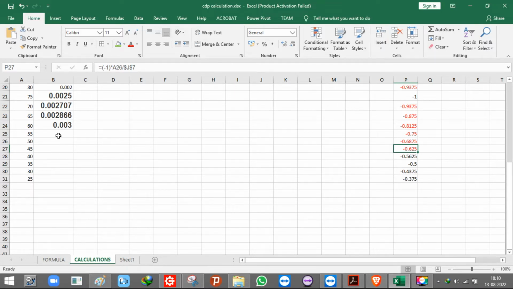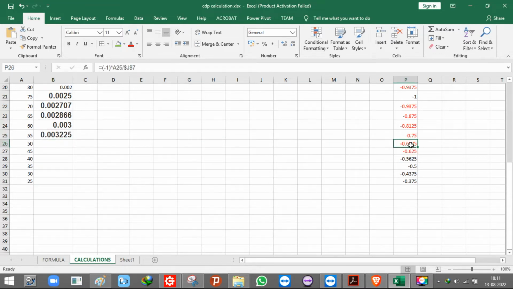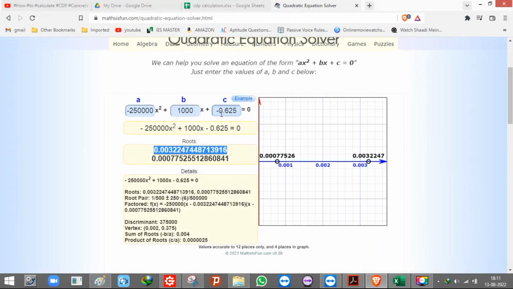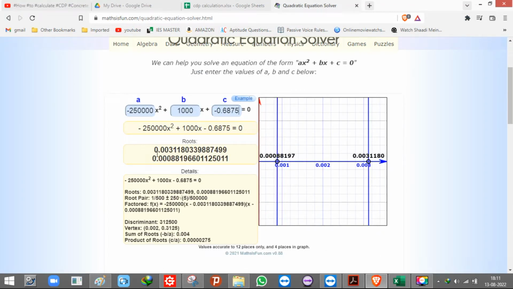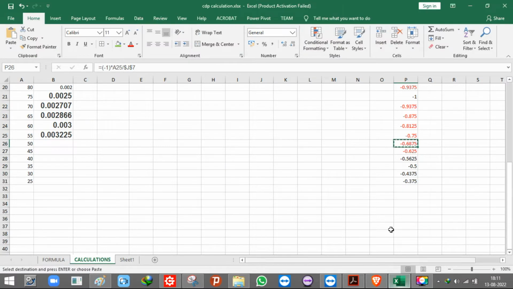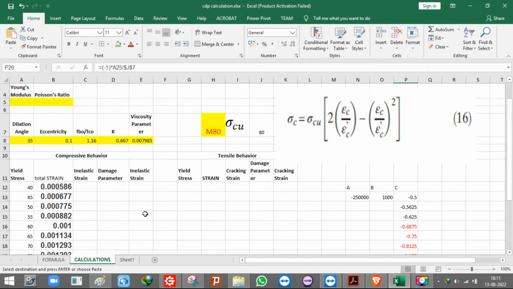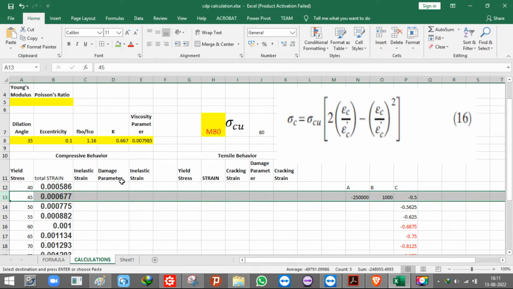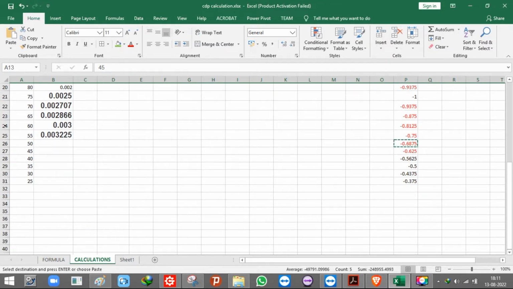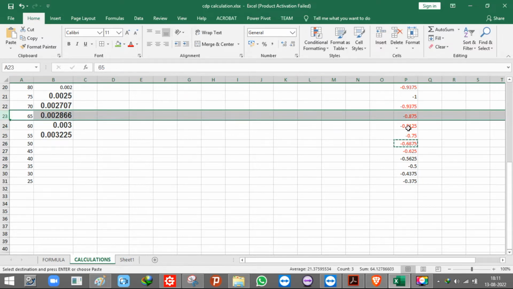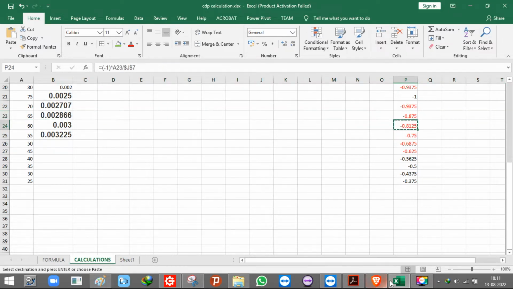Did I make any mistake? I just want to check it once. 0.311 is missing. Yeah, I have made a mistake, because this data is for one previous, so this data should be here.